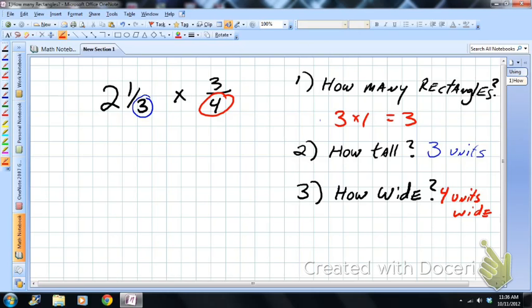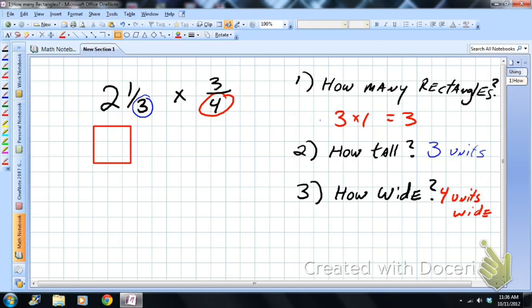So how does this look? If I want to construct 3 rectangles that are 3 units tall and 4 units wide, they're going to look something like this. I like to go down the page when I'm drawing my rectangles if I'm only going to have one column of them. So here's my first one.